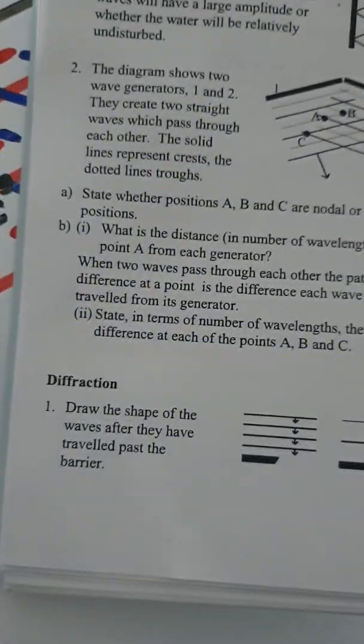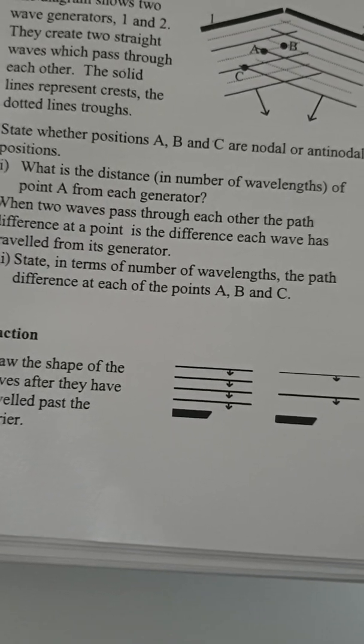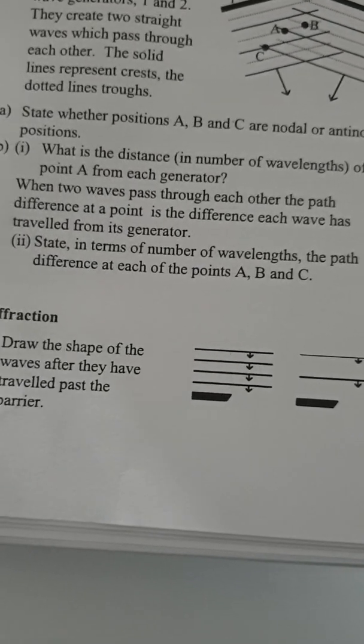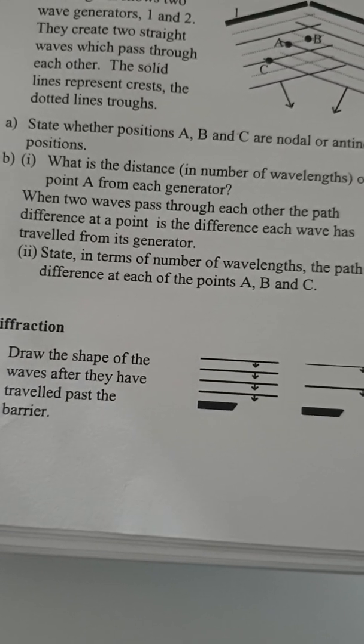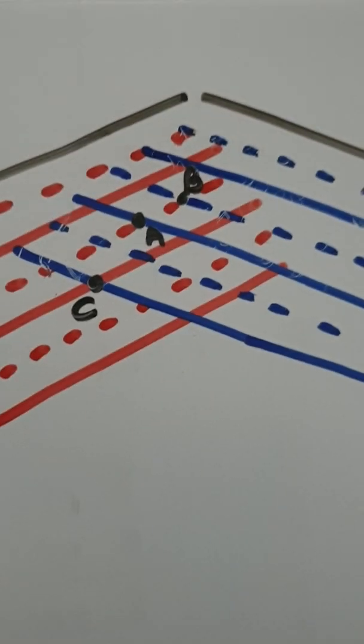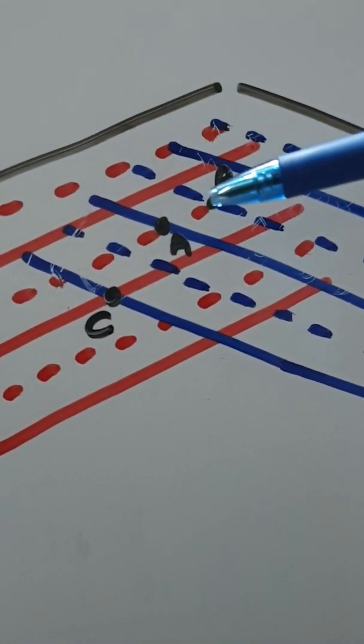Let's look at the next part of this question. What is the distance in the number of wavelengths of A from each generator? A wavelength is from one crest to the other or from one trough to the other.